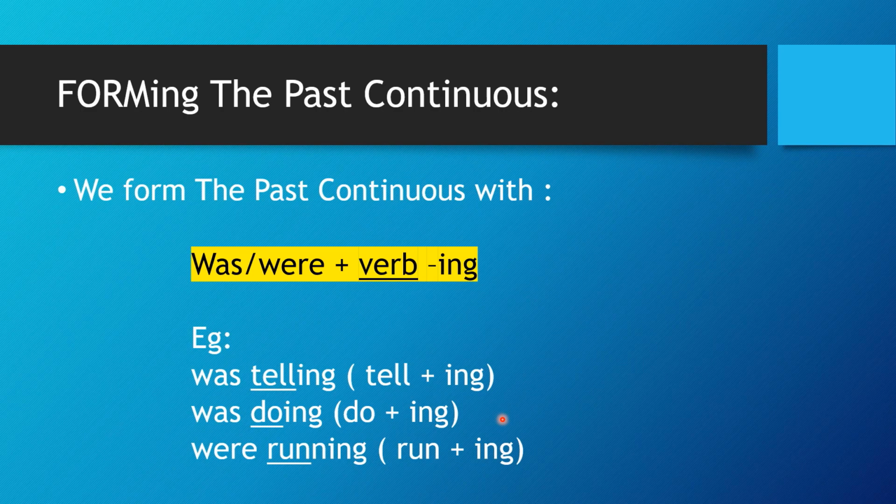Okay, was doing, the infinitive verb is do, and we add ing at the end of the verb, and we add was in front of the verb. Or were running. Okay, the infinitive verb is run, and we add ing at the end of the verb and add were in front of the verb.